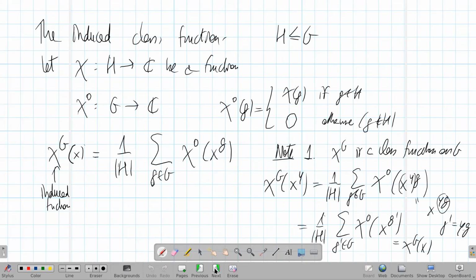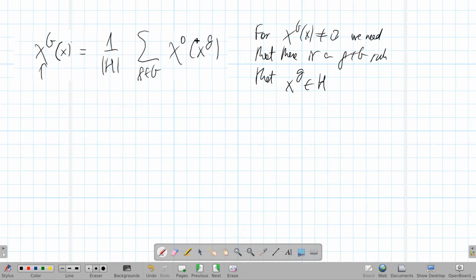So if none of these conjugates is in H, this will be a sum of zeros. And of course, xg is in H is the same thing as saying that x is in the conjugate of H through g inverse.